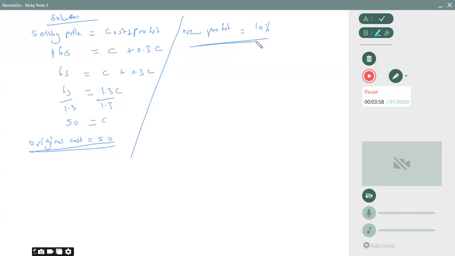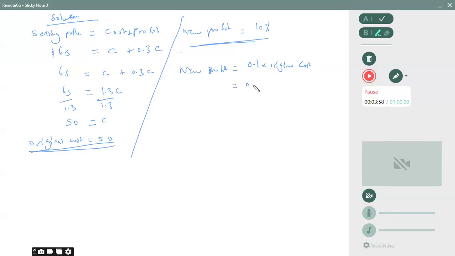As simple as that. How are we going to do it? We are going to say new profit will equal to this percentage 0.1, and we shall multiply it by the original cost, so that we are able to know the profit.